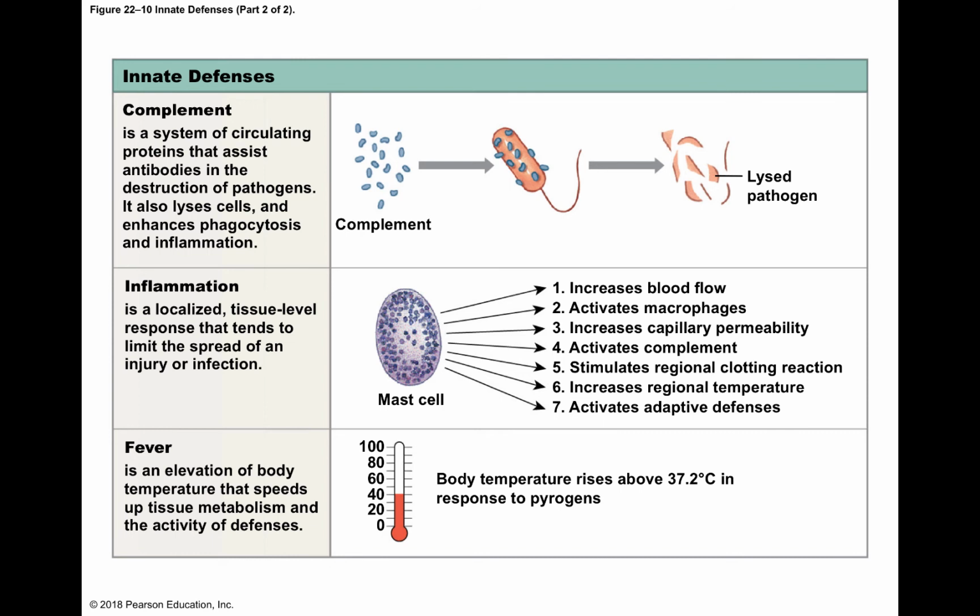Because if we can get above that temperature, 37.2 degrees Celsius, then that slows down the bacteria from replicating. They're not going to be able to reproduce as fast. That gives our cells more time to attack these pathogens.